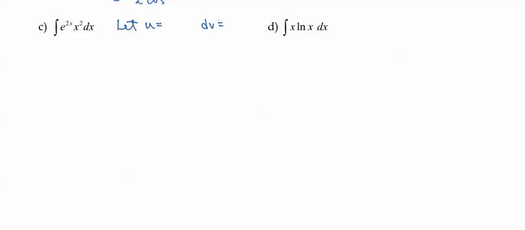I'm going to let u be something that can be differentiated easily. And I will let dv be something that can be integrated easily. And I will choose dv so that as I integrate it, it wouldn't make my expressions more difficult.